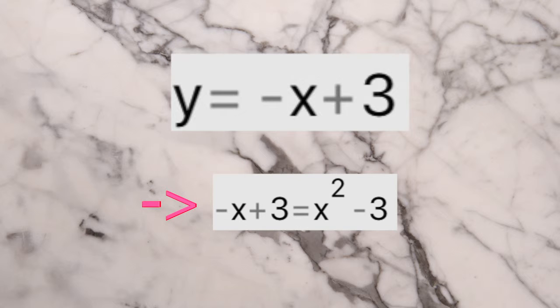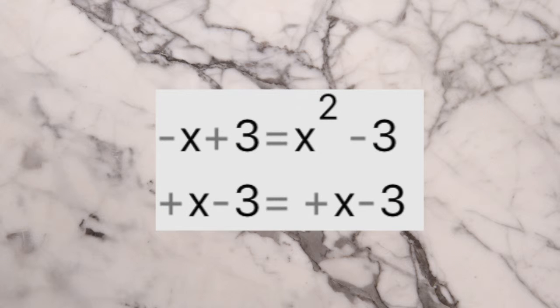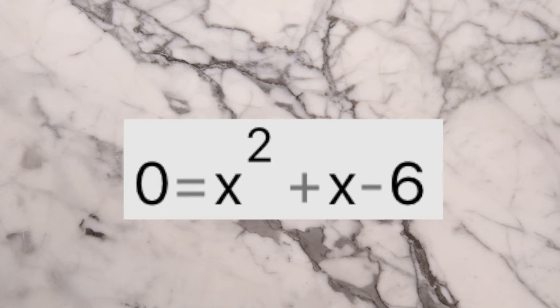So, negative x plus 3 is equal to x squared minus 3. The next step is we will add x on the left side and also on the right side, and subtract 3 on the left side and also on the right side. So the equation now will be 0 is equal to x squared plus x minus 6.